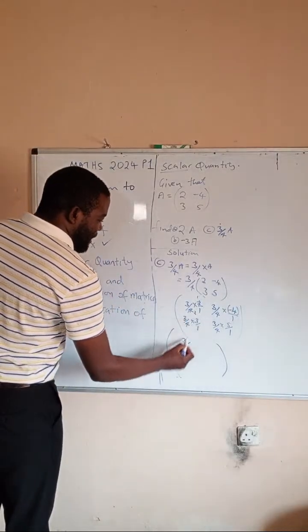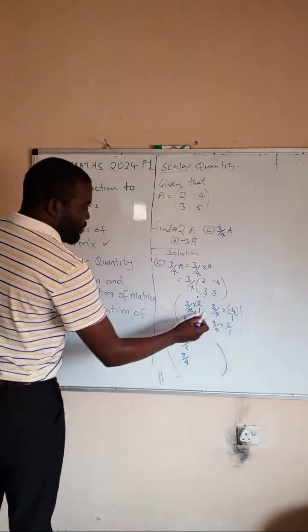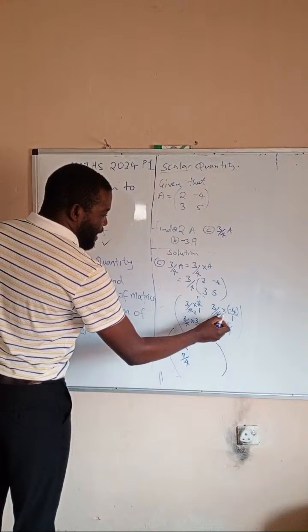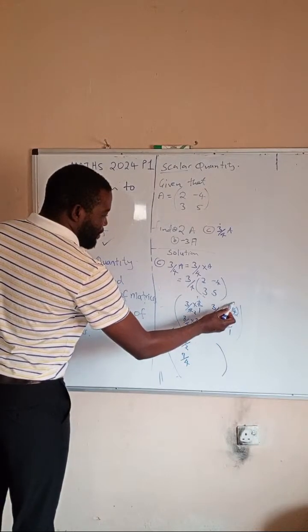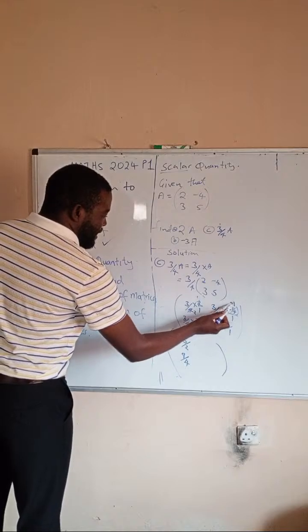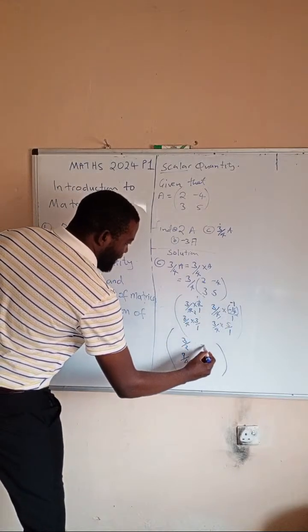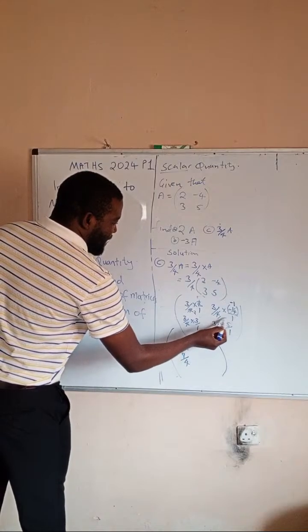3 times 3 is 9, so 9 over 4. 4 into 4 is 1, and because of the negative, it's negative 1. So 3 times negative 1 is negative 3 over 1.